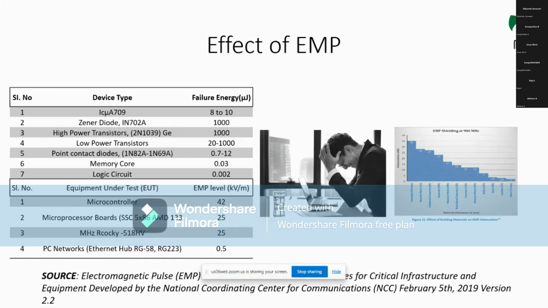When the bank server is affected because of this kind of EMP, we are all beggars. Is it correct? Okay. And electrical protection equipment also gets affected. If it is affected, we lose supply. Not only supply, but integrated utilities and related things and all.